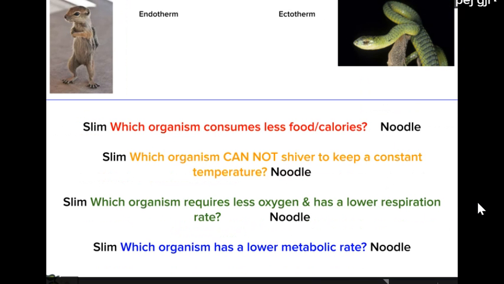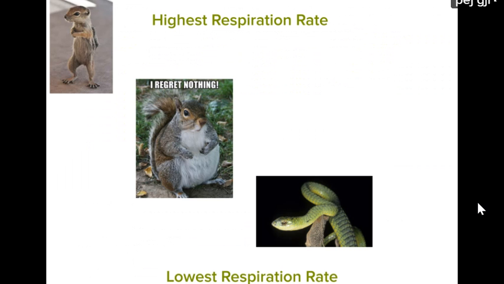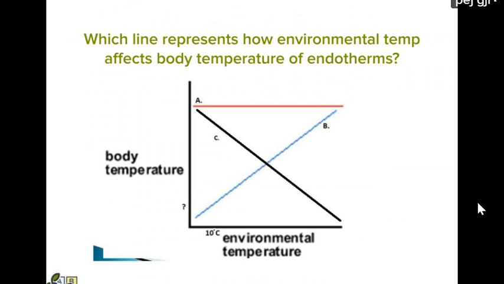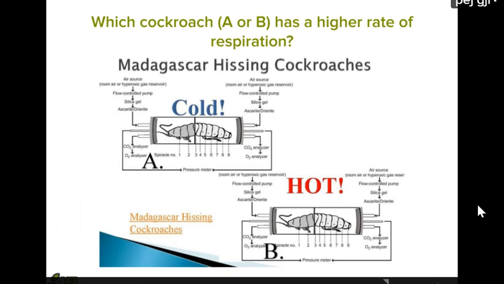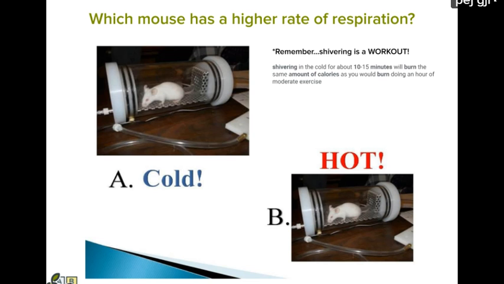All right, now, I'm going to go down to this. Maybe it's way down here. Okay. So after what I just said, shivering is a workout that you can't control. Expect questions like this. I take a warm-blooded organism, or you need to know they're called endotherms.